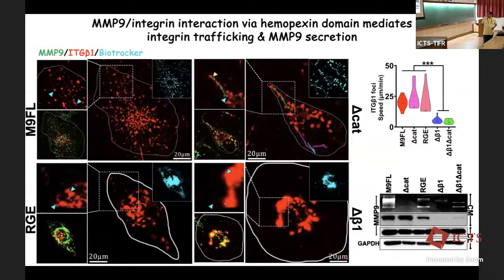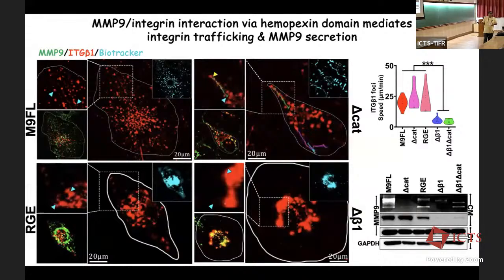What about MMP9? Is there any importance of this interaction so far as MMP9 secretion is concerned? To assess that, we collected the conditioned media from these cells and probed whether MMP9 is present. The top band is the gelatin zymogram. In full length you can see high activity of MMP9.